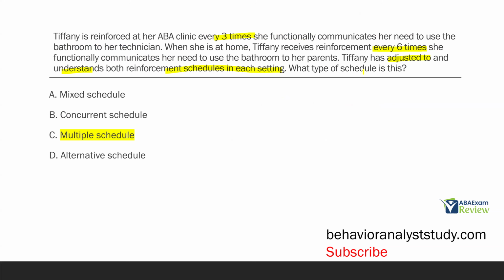The type of schedule we're dealing with here is a multiple schedule. So when you're dealing with compound schedules, right, when you're dealing with things like chained and tandem schedules, alternative, conjunctive, mixed, multiple, the key difference between those pairs is an SD signaling the presence or is it not? In this case, since the SD is signaling the presence, it is a multiple schedule.